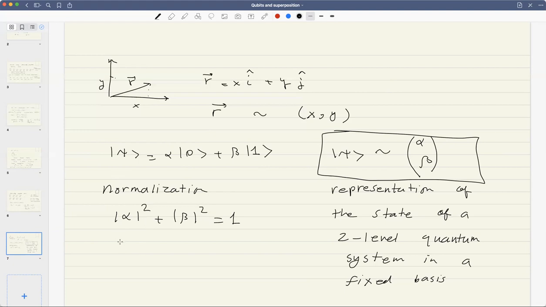So let me write it, and then we'll talk a little bit about this. So an alternative representation that takes into account the normalization automatically is to write psi as e to the I gamma cosine theta over 2 times 0 plus e to the I phi sine theta over 2 times 1.